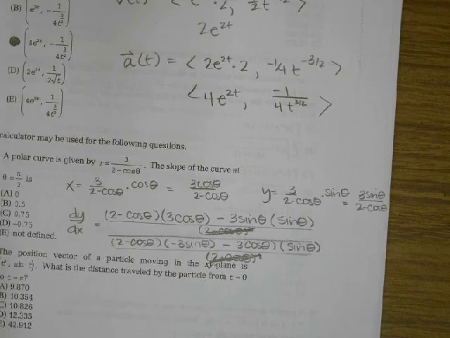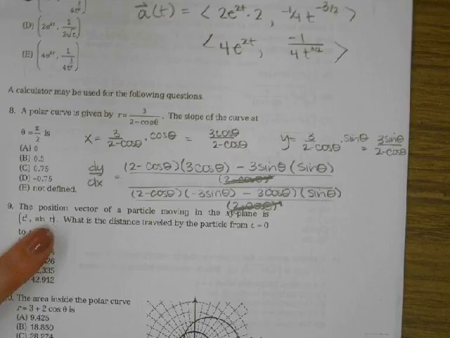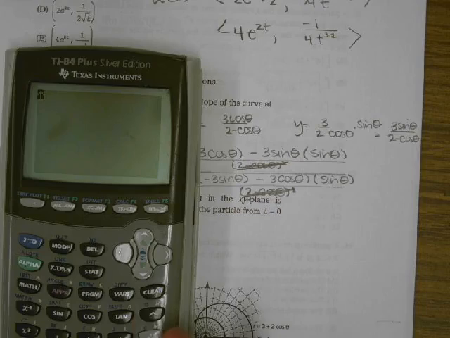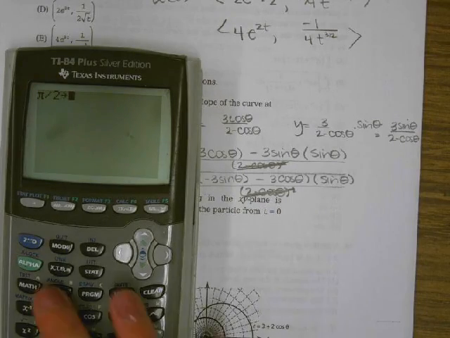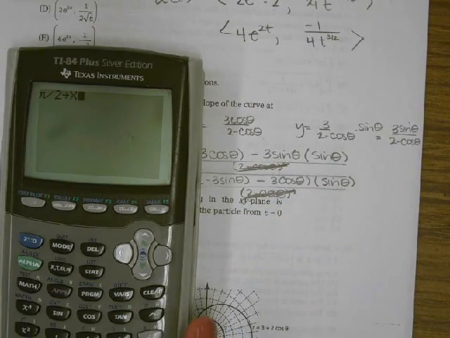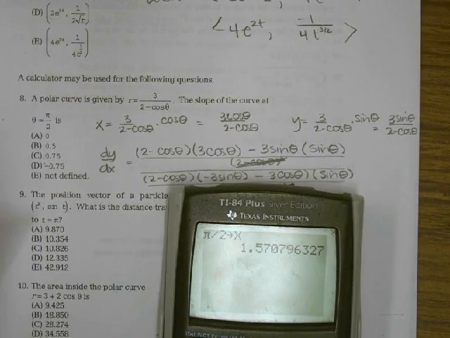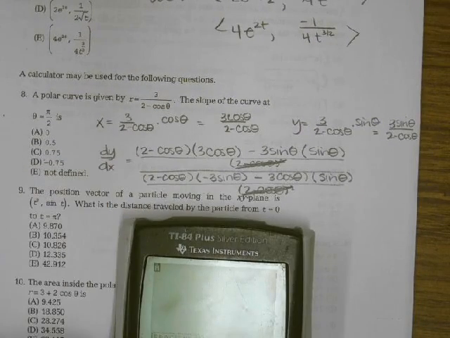Since this is a lot to plug in, and we're going to evaluate this at pi halves, I went ahead and typed in pi halves and stored it as x in my calculator. That makes things a little easier to plug in. So now I can type this in as a fraction.